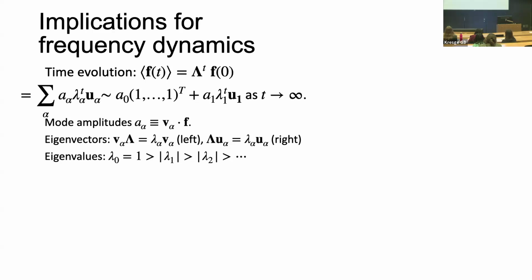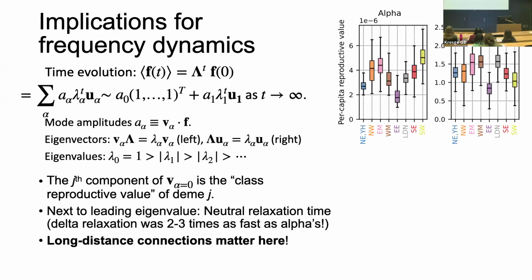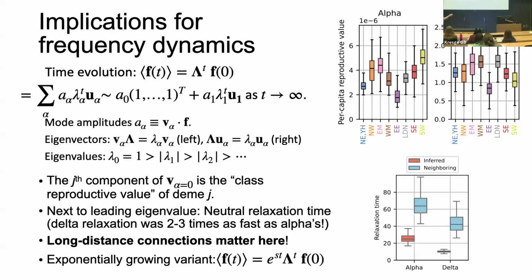But then what tells you about the dynamics is the next to leading eigenvalue. So this is the lambda 1 vector. This is the one that I have plotted here, or the inverse of it, which we interpret as a time. Here I haven't said anything about all the sub-leading eigenvalues.